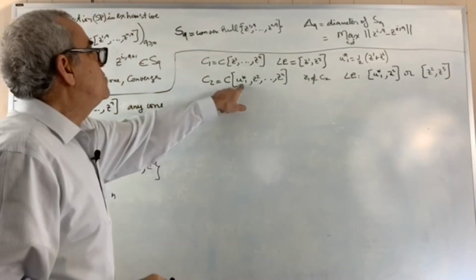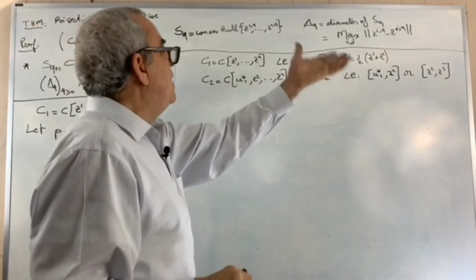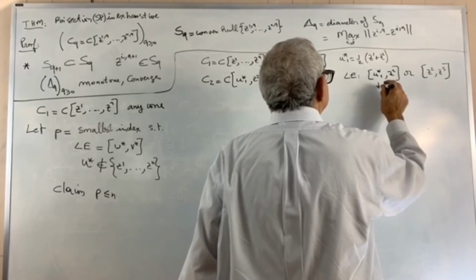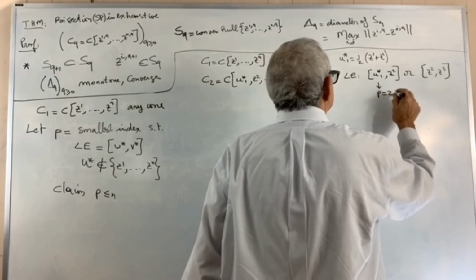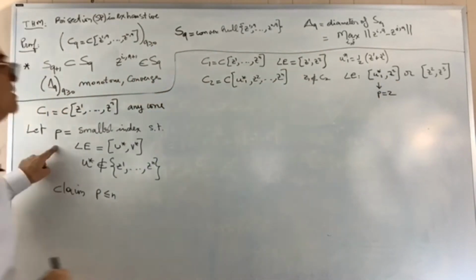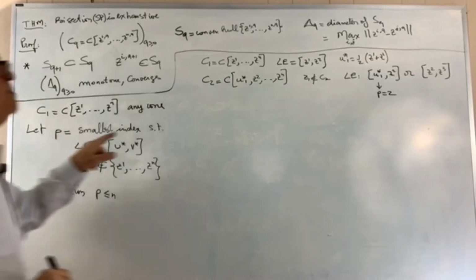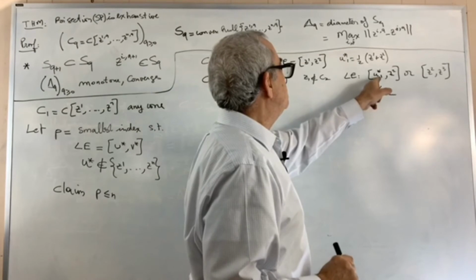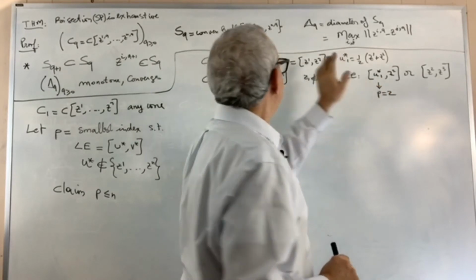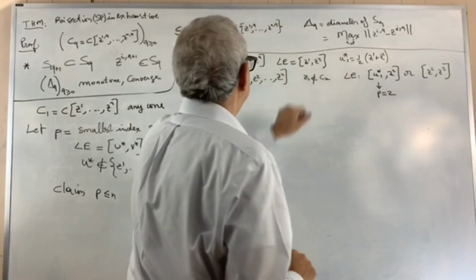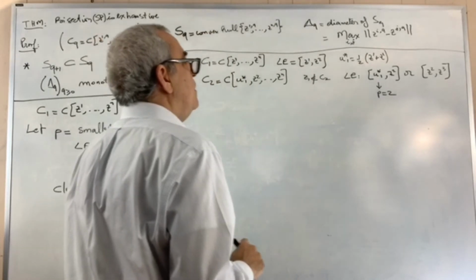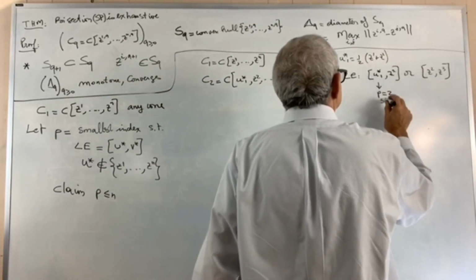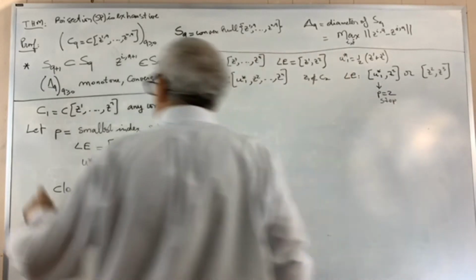Either it involves this U star 1 or it's among these. So I assume it's Z2, Z3. Now in this case, P is equal to 2, right? This P that I defined. Here is an iteration where one of the extremities of the longest edge is not among the Z's, all right? And if it's Z2, Z3, then here we stop. Okay, we found our P.